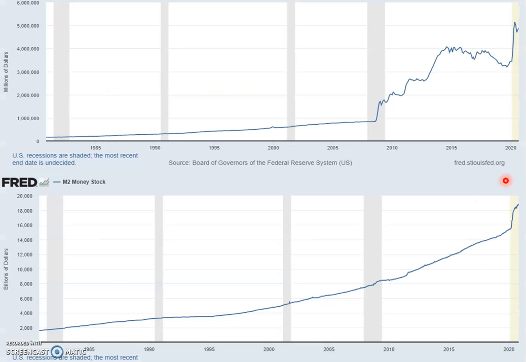And here, let's take a look at the more recent data. What I'm pulling out at the top is the monetary base, and the bottom is M2, which is a very popular measure of money supply.